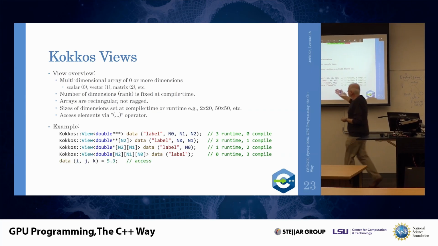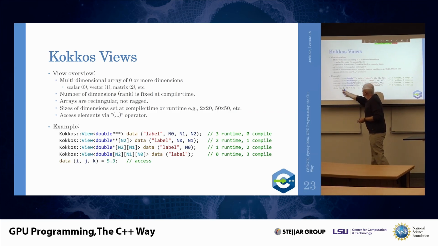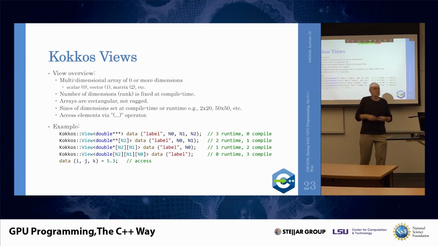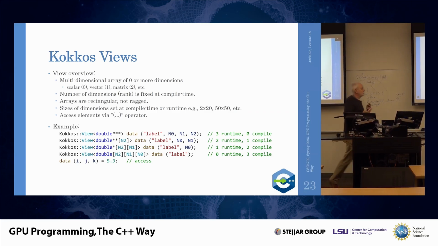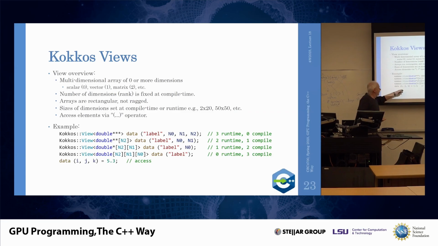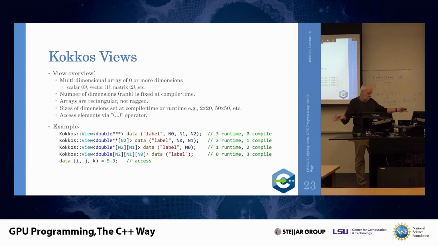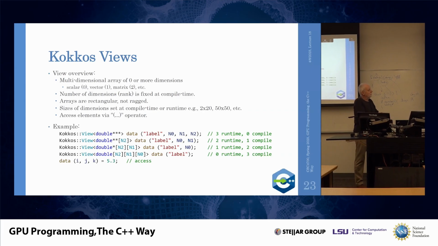And then I can access any of those data arrays with 3 indices, i, j, k, and either assign something to it or read from it. So the view gives you a special way of accessing single elements in that memory space that the view is sitting on top of.